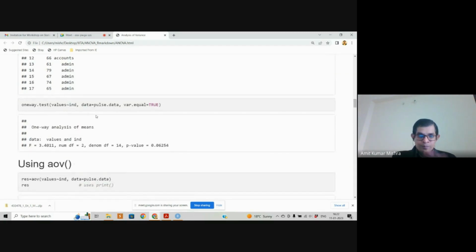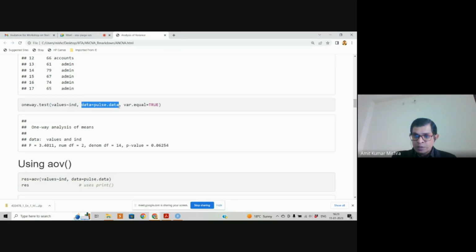And the simple command is oneway.test. Inside, you have to write down your model. What is our model? We want to find values which depend upon the independent variable, so values tilde ind is our model. And what is data?